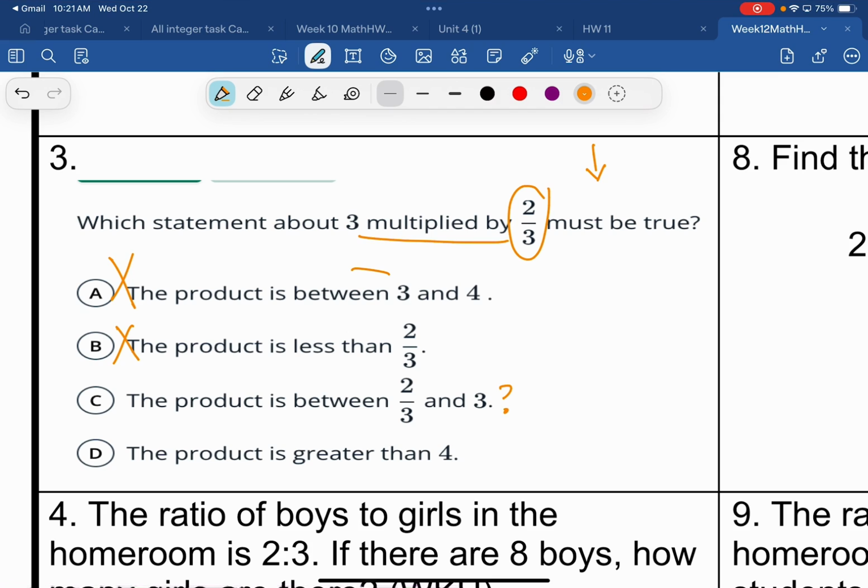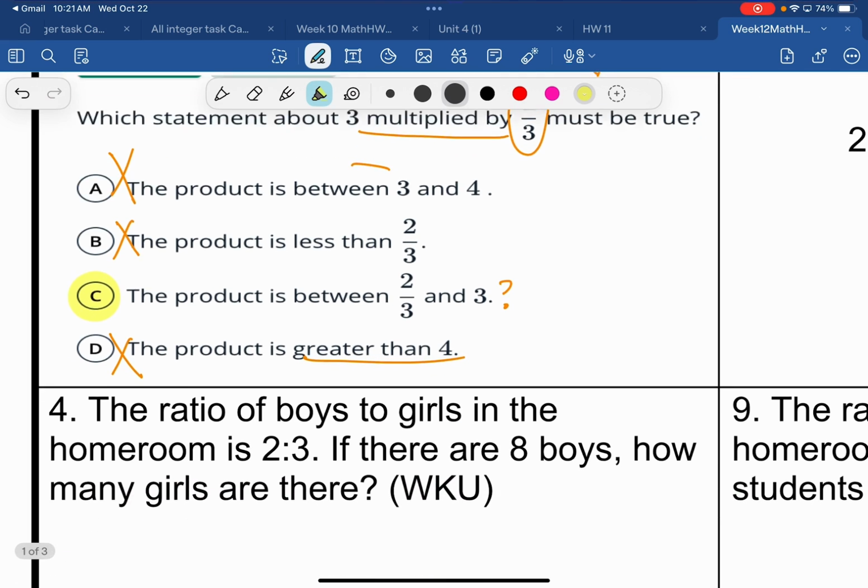It's not going to go over 3. The product is greater than 4? No. So do you see how we took those? We took what we know to figure out what we don't know, right? So then I know here that my answer is going to be C. I've just given you an answer. 5 points, headed your way.